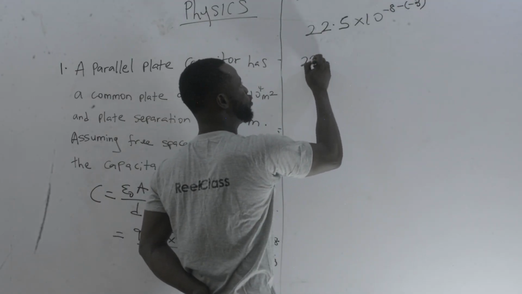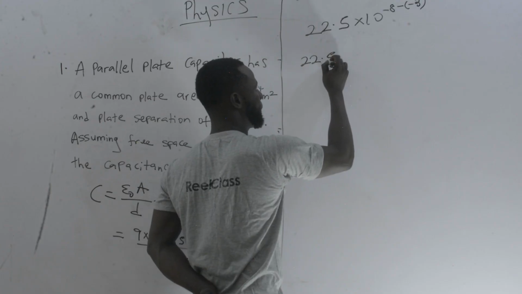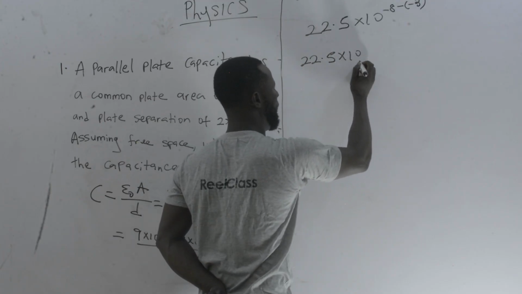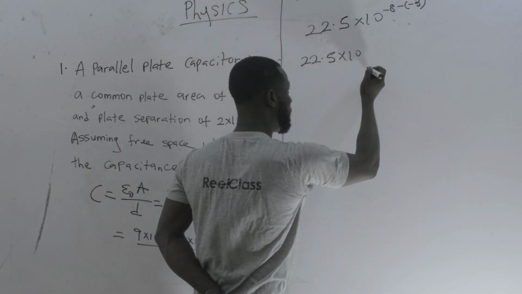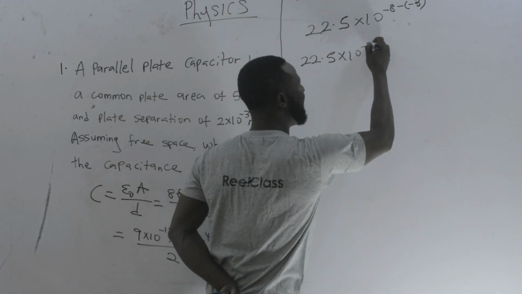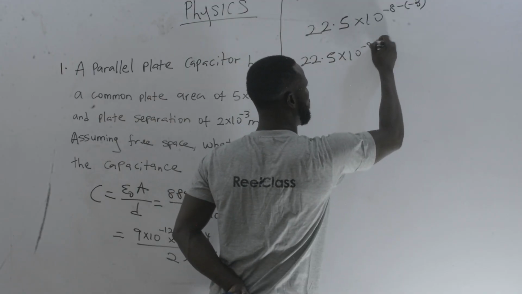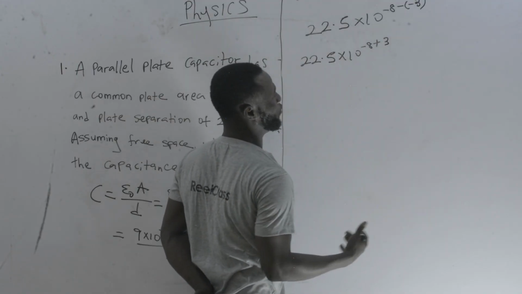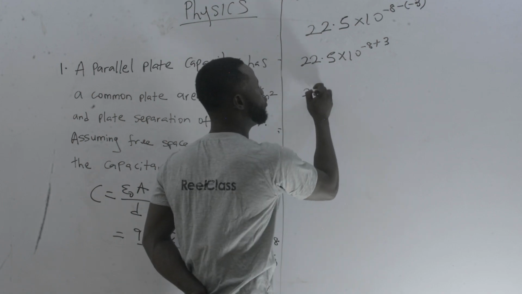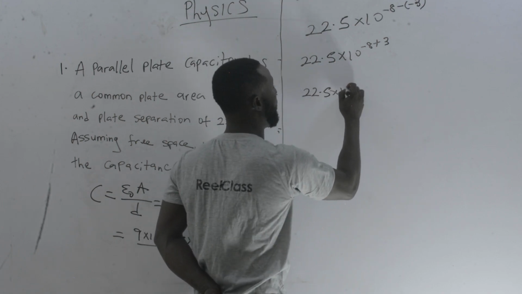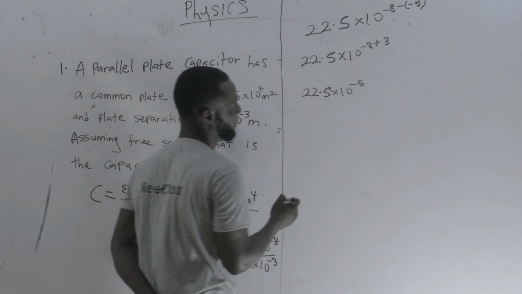That will be 2.25 times 10 raised to the power minus 8, minus times minus is plus 3, and minus 8 plus 3 will give me minus 5. So I'll have 2.25 times 10 raised to the power minus 5.